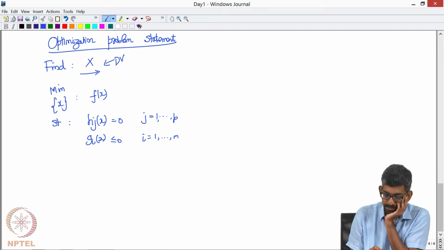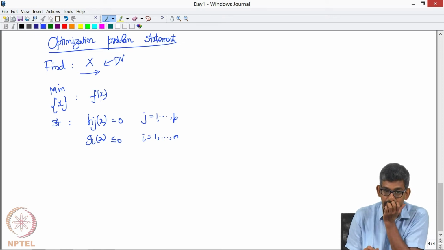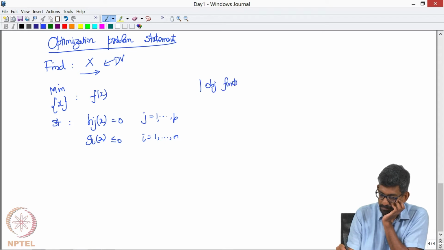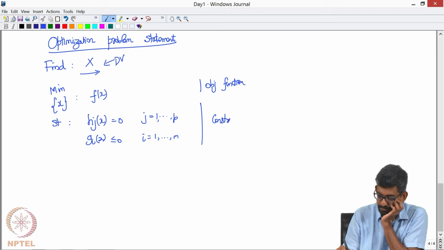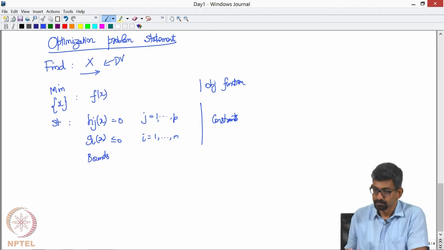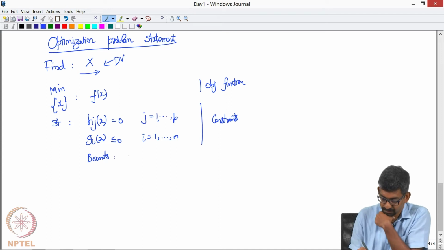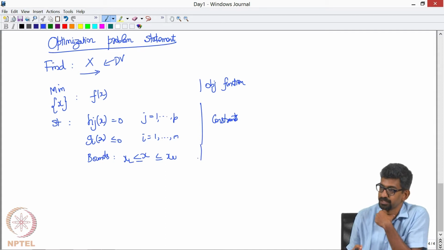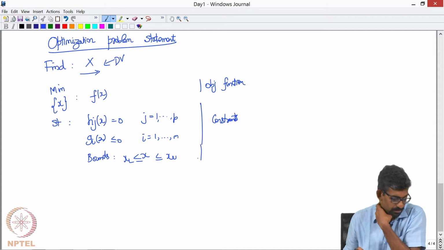Then minimize, subject to those design variables, f of x, which is your objective function, and this is what your constraints are. And of course, in the constraints you can also put your bounds. If you have x less than a lower bound and upper bound, these are your constraints, in a generic sense.